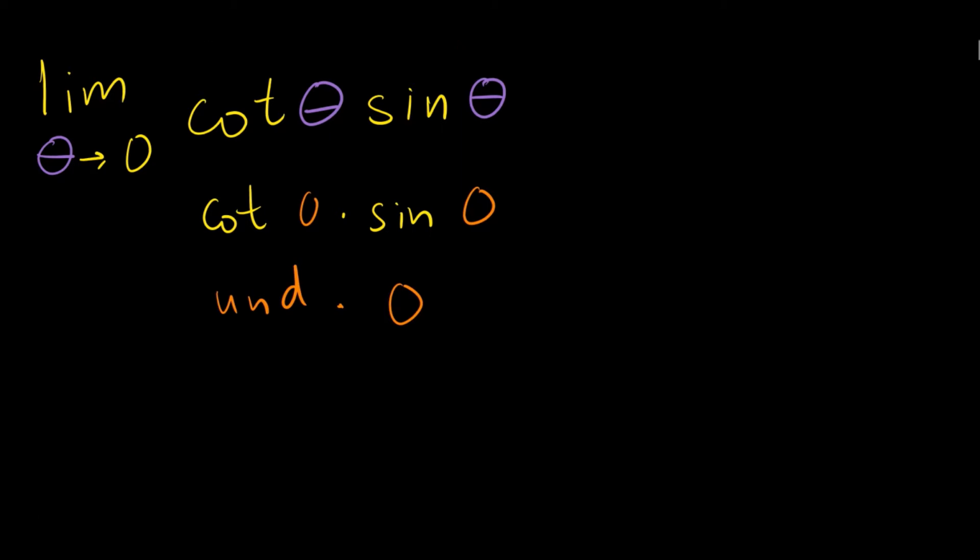And this undefined times 0 situation is actually an indeterminate form. So once again, we're going to have to do some algebra to figure out what the limit value should be. This time, let's rewrite cotangent with its actual definition. So we'll have the limit as theta approaches 0 of cosine of theta divided by sine of theta, and then we'll have that sine of theta that we were multiplying originally.